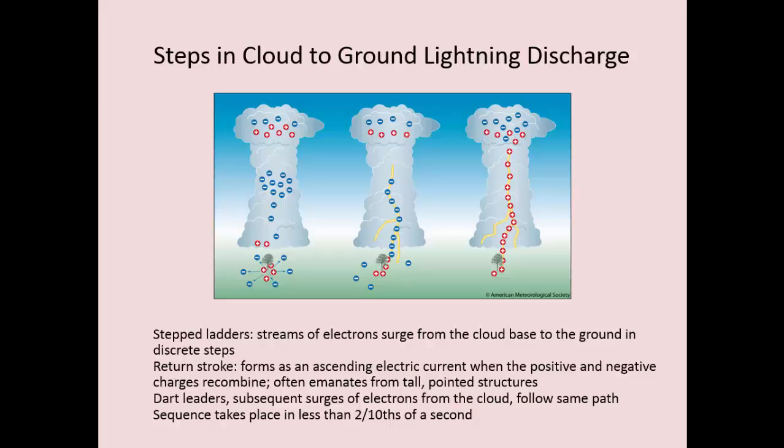And this is the steps in a cloud to ground lightning discharge. Just an interesting one. We've really developed recently some high-speed camera work that can capture the whole thing. But basically what we get is this massive amount of electrons, or negative charge, near the bottom of the cloud, and that's the first thing that hits the ground. It typically hits something high sticking out.